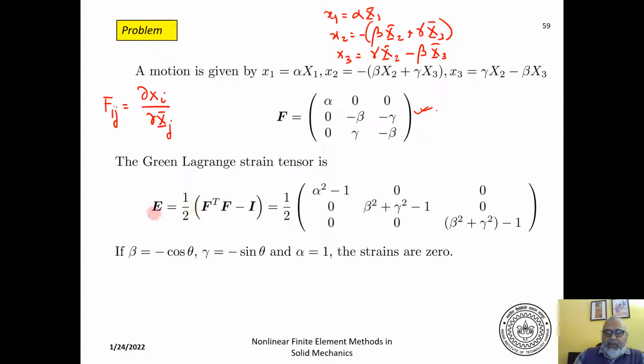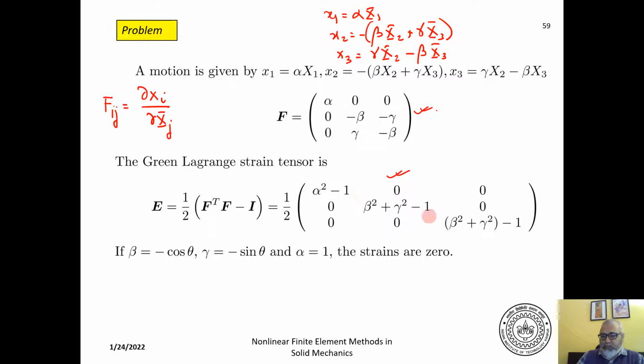Then we can calculate the Green-Lagrange strain tensor, which is half F transpose F minus I, and this is what we will get. So you have to do this F transpose F matrix multiplication. You can either do it this way or do it using dyadics. The choice is yours, but in the end, this is what you will get in the Cartesian coordinate system that we have chosen.